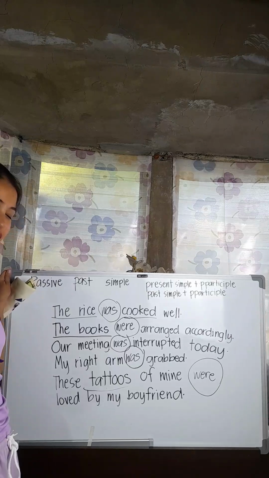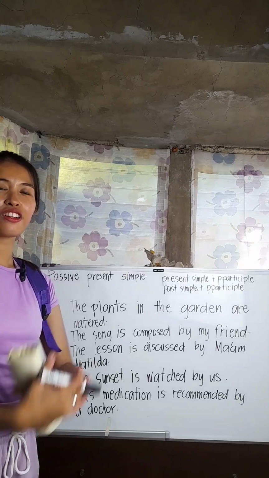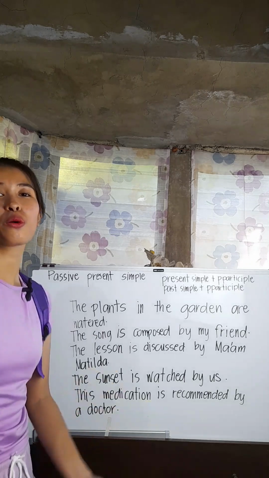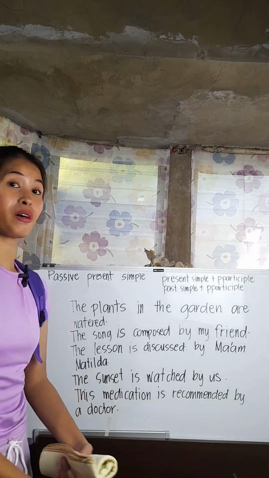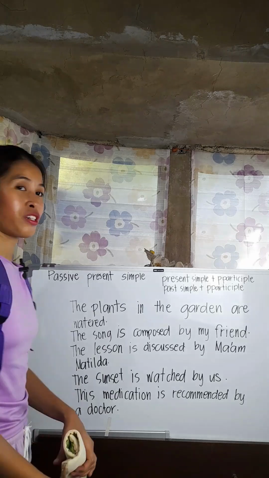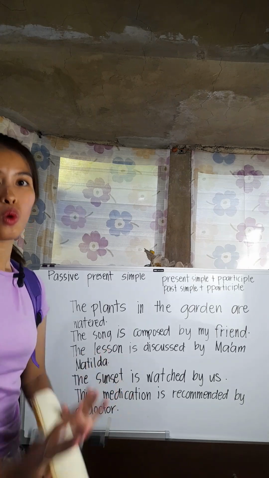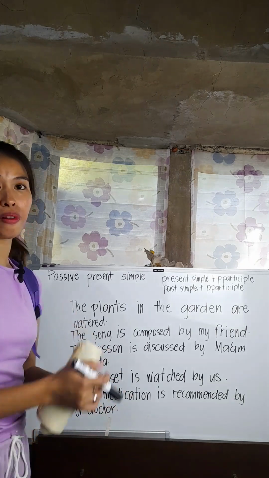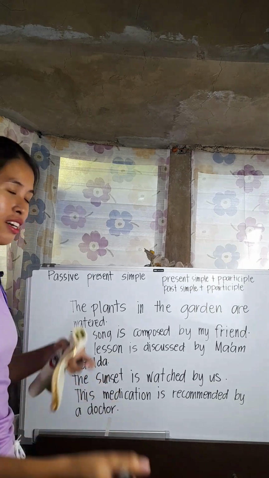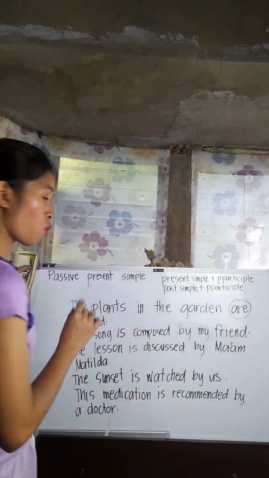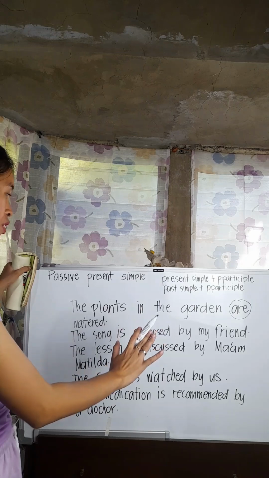Next set. Okay, so another set for passive present simple that can also be turned into passive past simple. For the sixth sentence, the plants in the garden are watered. The subject, the plants, are as the present simple, watered as the past participle.